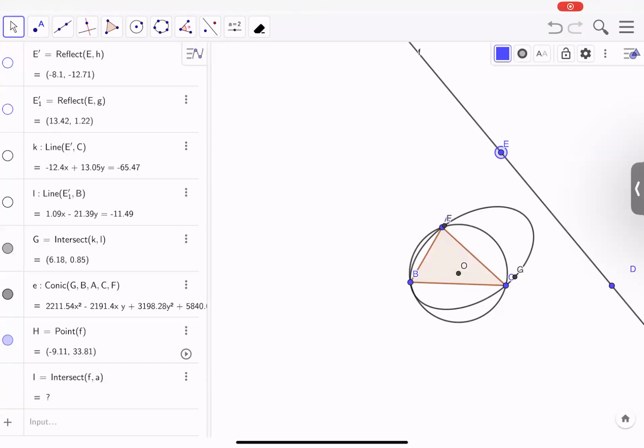But if it is parallel, then that may not hold. That's still okay, because you still have the point at infinity along that line.